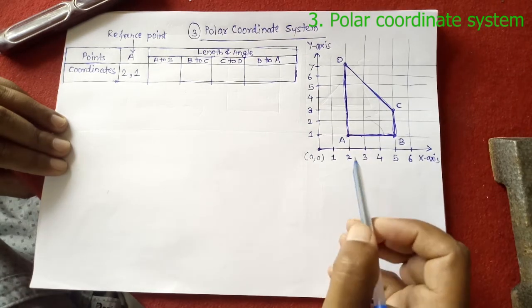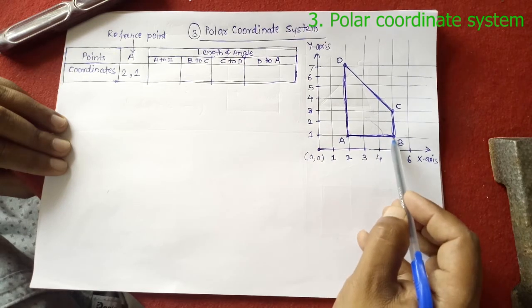Next we have to draw the line A to B in the AutoCAD.